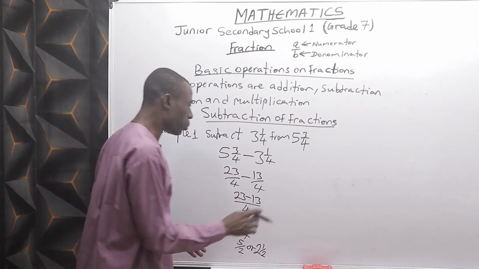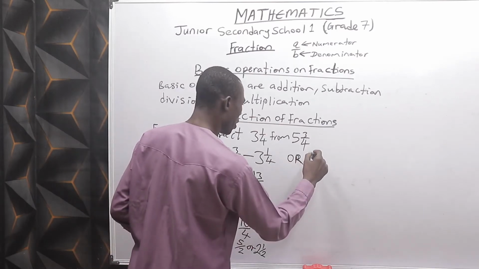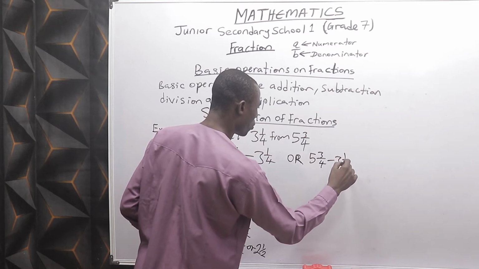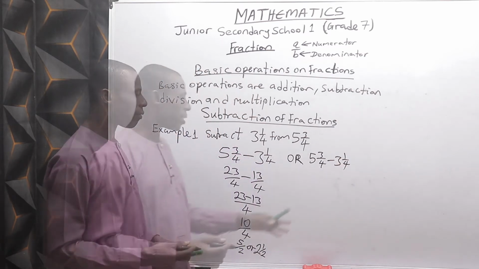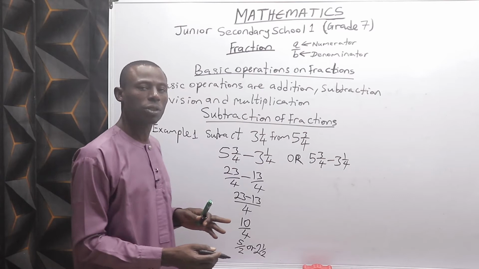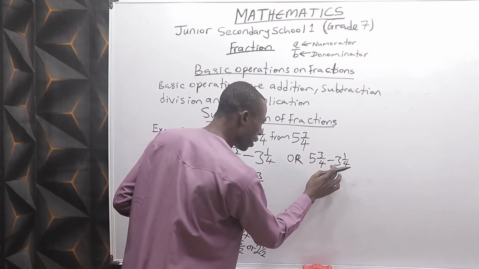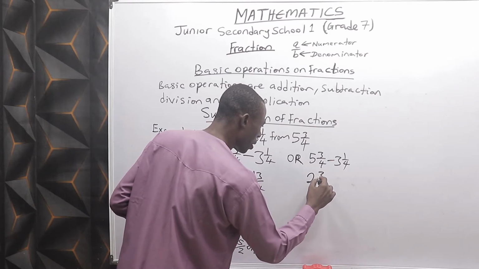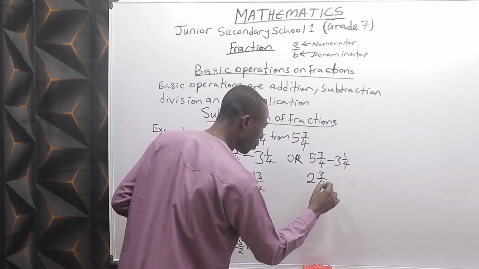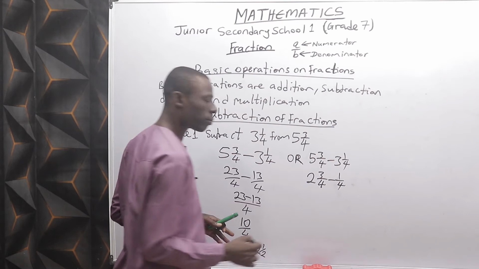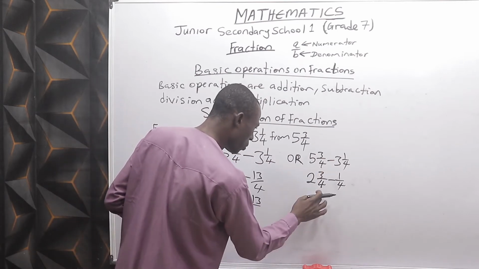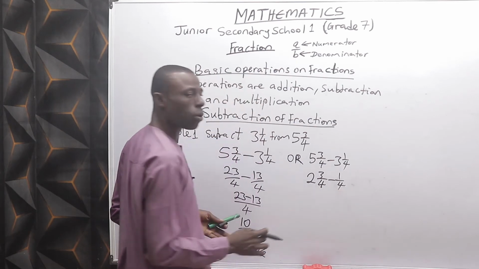Another approach possible is having 5 whole number 3 over 4 minus 3 whole number 1 over 4. We can decide to subtract the whole numbers first. Subtract 3 from 5. So we have 2 whole number 3 over 4 minus 1 over 4. Or you write 2 plus 3 over 4 minus 1 over 4.